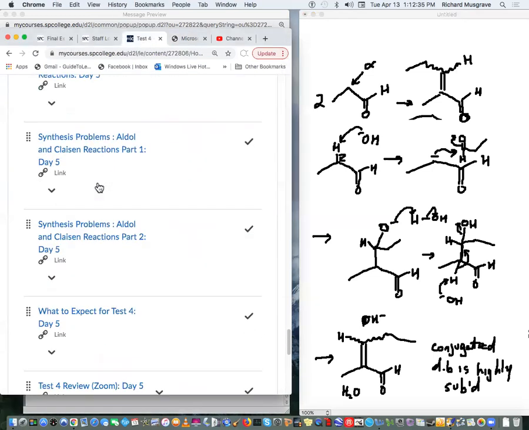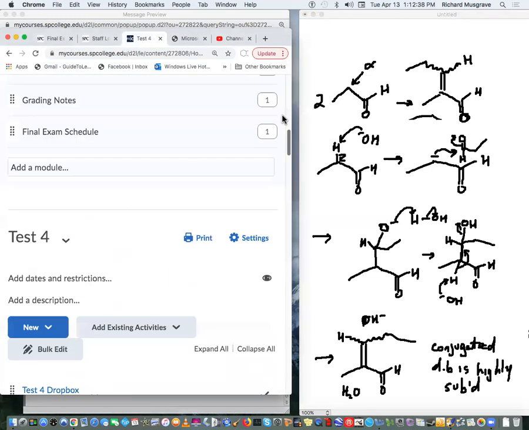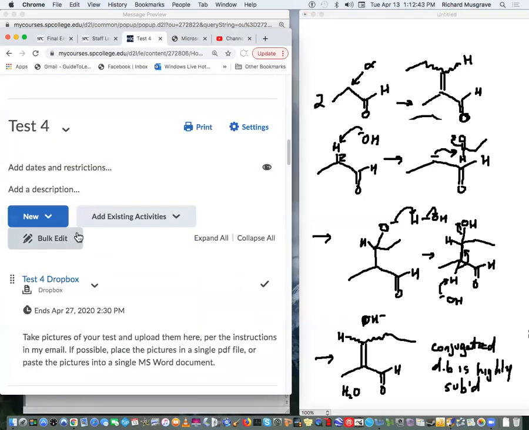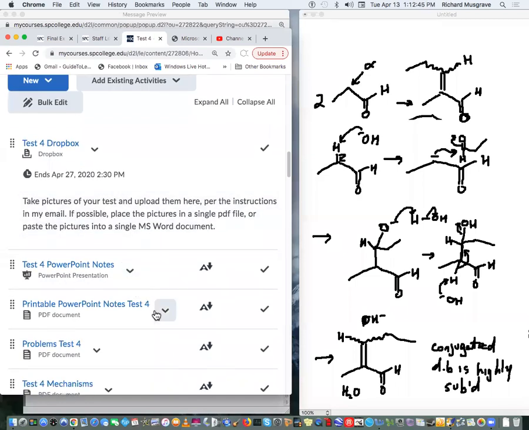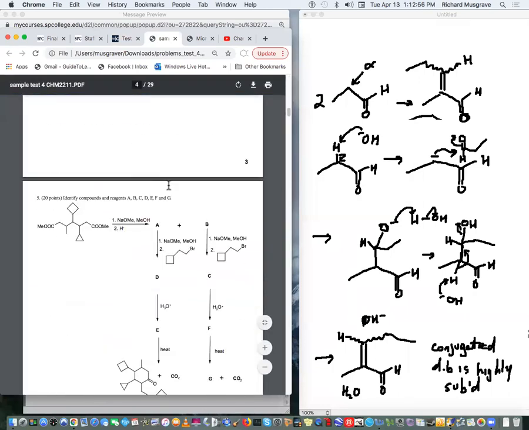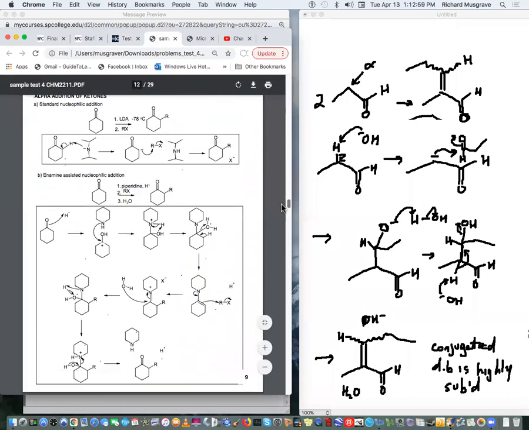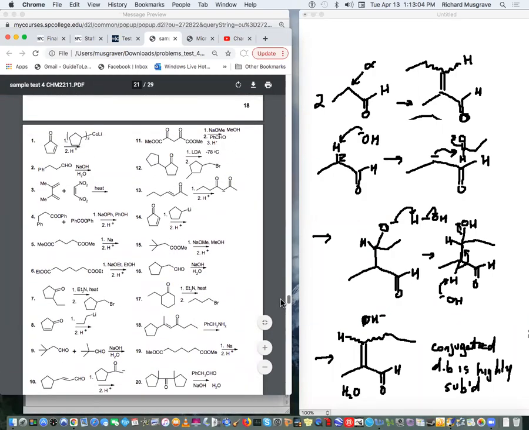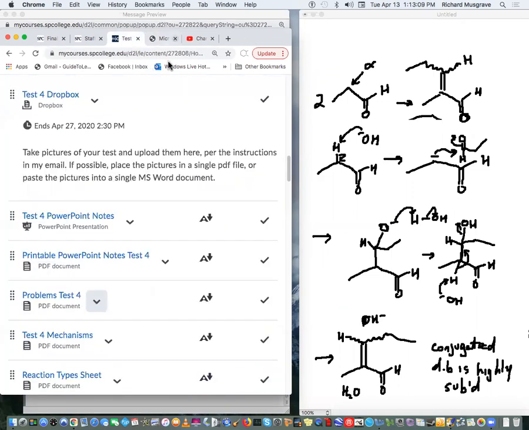And by practice, I'm talking about this document here and doing these 40 problems with their mechanisms, and then comparing those mechanisms to the mechanisms I have right below that, this test for mechanisms file.